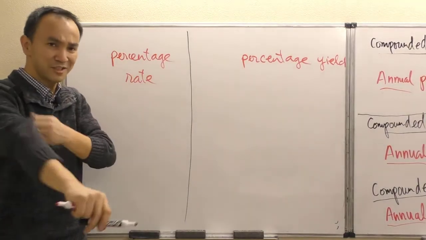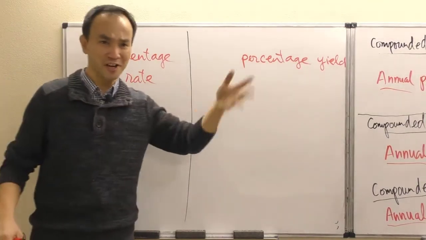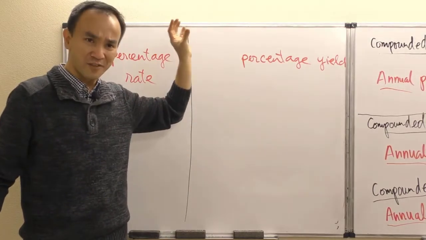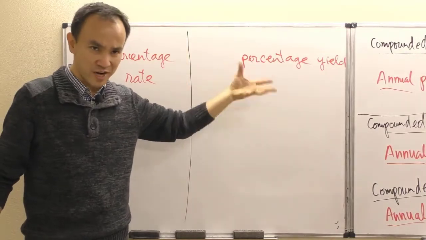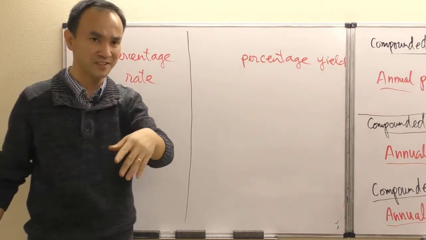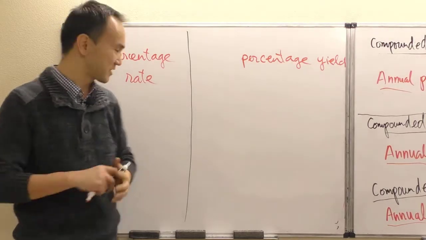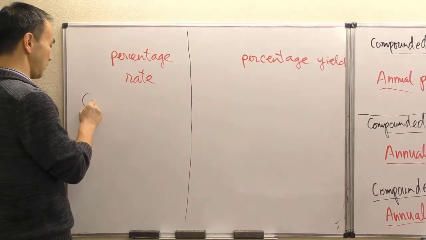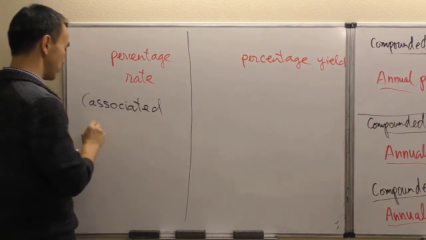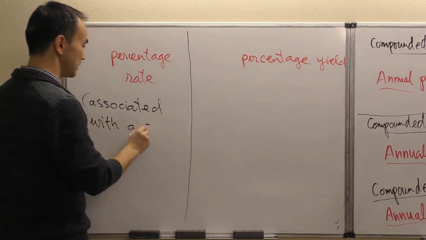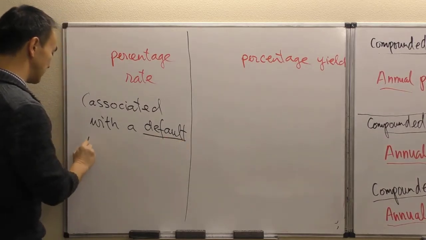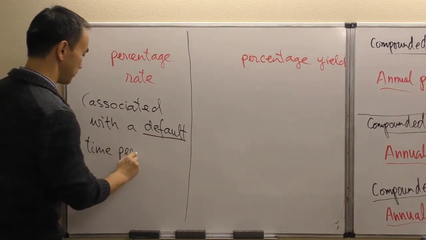A lot of times I try to avoid giving a formal worded definition of what a percentage rate is. We've seen it through just whatever percentage rate or interest rate is stated in the problem, and it usually comes associated with some kind of default time period. So one thing we know is it's always associated with a default time period.